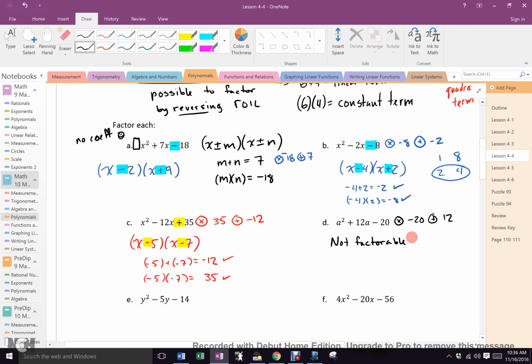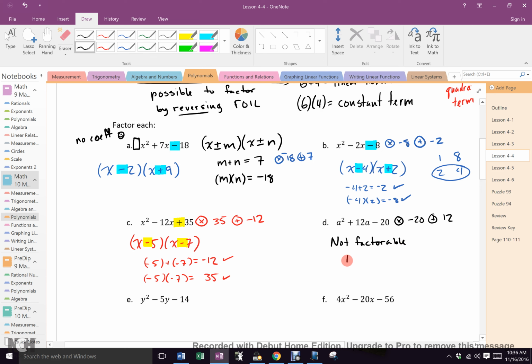And it is just as important to recognize when you can't factor something as when you can. Because I've given questions on tests and watched kids fill up half a page because I left half a page blank on a question that couldn't be factored. And they try to make it work. Don't. This isn't factorable.